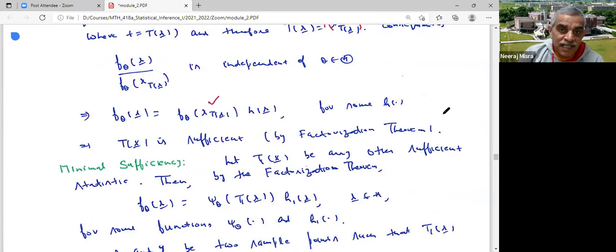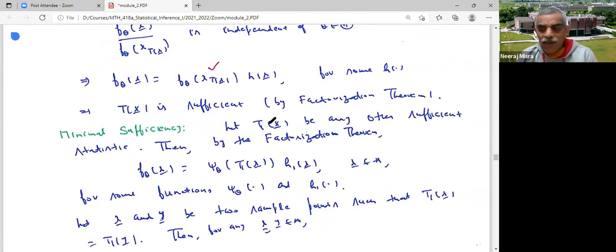Now I prove it is a minimal sufficient statistic. Once I have shown that it is a sufficient statistic, to show that it is minimal sufficient, I have to show that it is a function of any other sufficient statistic. So I choose T1(x) to be any other sufficient statistic. Then I show that Tx is a function of T1(x), and that would prove that Tx is minimal sufficient.